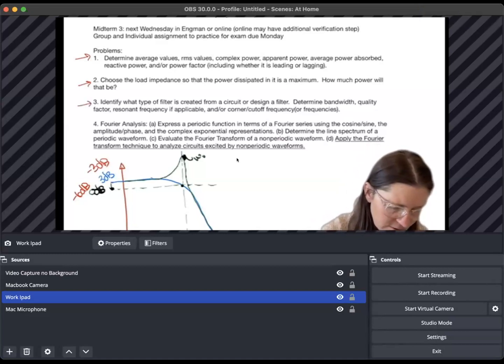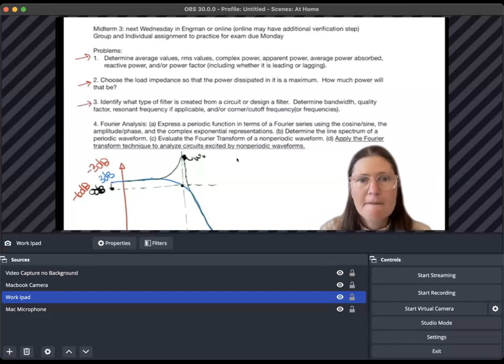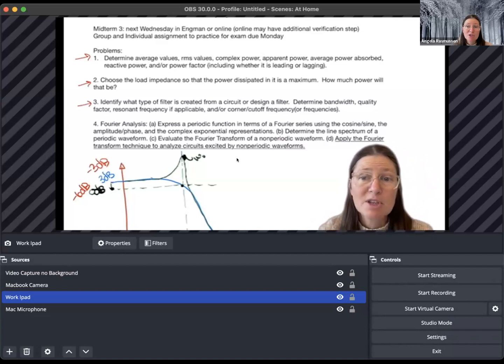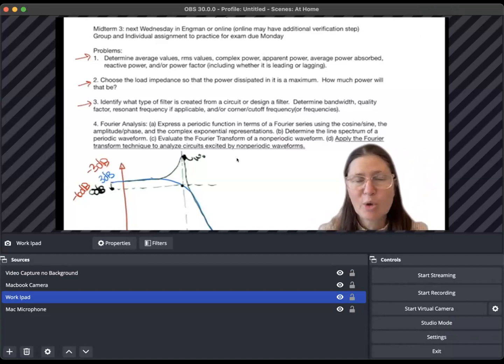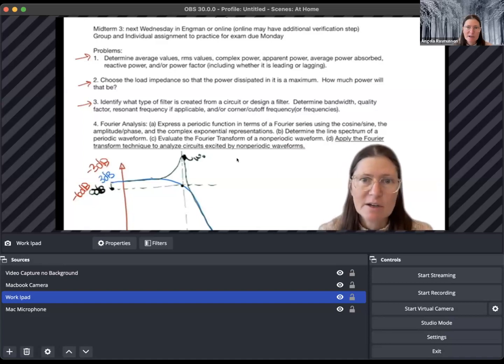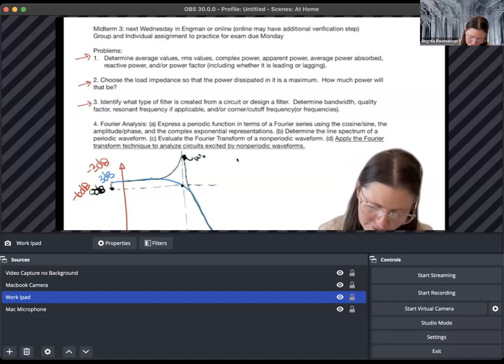Is that the whole V out over V in? Is that with filters? Like H is equal to V out over V in, something like that? So that's going to be the transfer function for any type of circuit. I'll add that to the transfer function concept. That's a good one too.